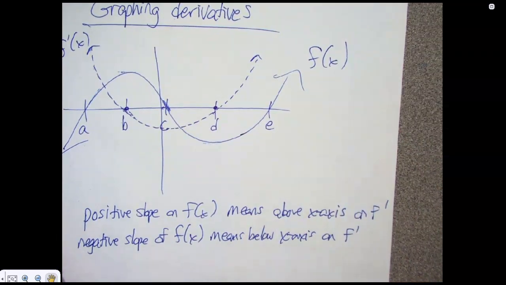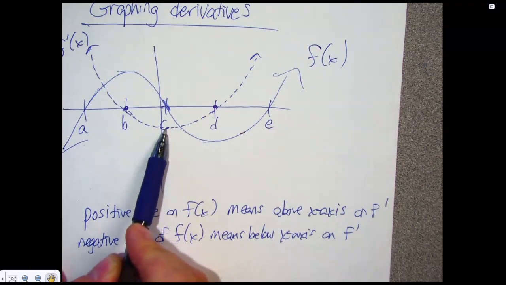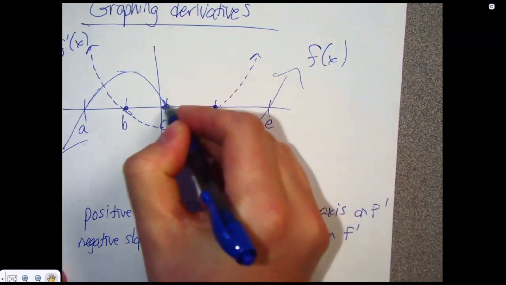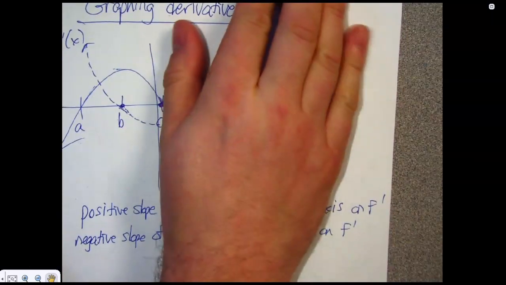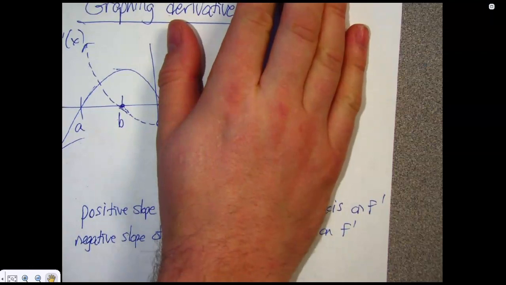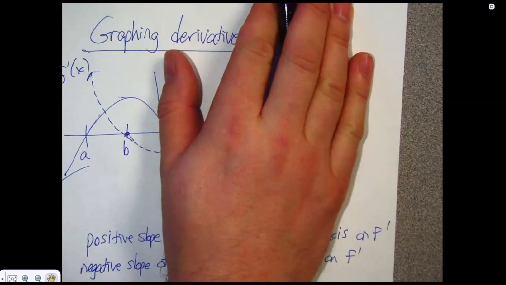So I'm going to start with the same process I did last time. There's one spot where I know exactly what the slope of the second derivative is. Where is that? C. And what's the slope of this at that spot? 0. So I'm going to put a dot right there. Prior to that, so to the left of that, and remember I'm looking at the dotted line here, is the slope positive or negative? Negative. So should my y values of the derivative be positive or negative?